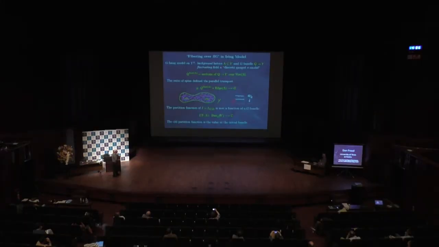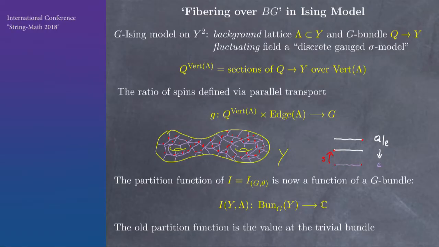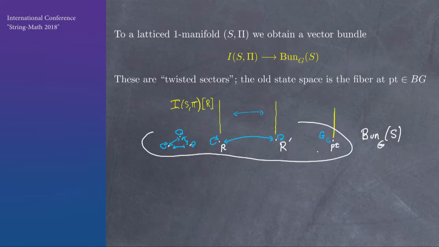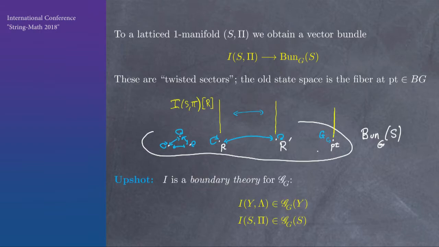Functions on bun G, that's the vector space that's attached to Y in the three-dimensional gauge theory, and these vector bundles over bun G are the category attached to S in the three-dimensional gauge theory. So in other words, the Ising model is a boundary theory for this finite gauge theory. That's the strong form of saying that it has a symmetry group G.